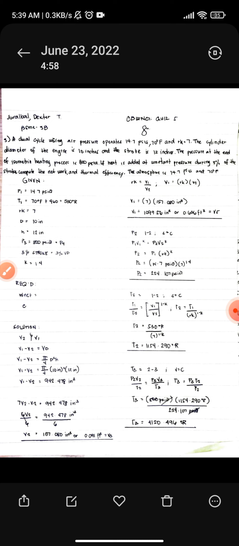So, solution natin. Kunin muna natin yung ating V2. For V2, we have V1 minus V2 equals VD.